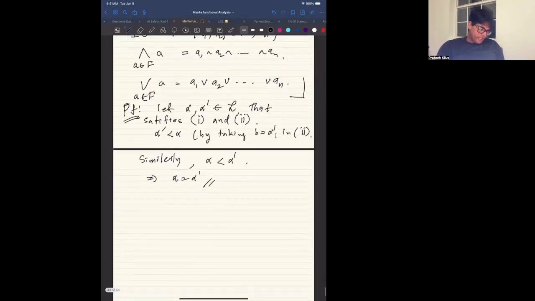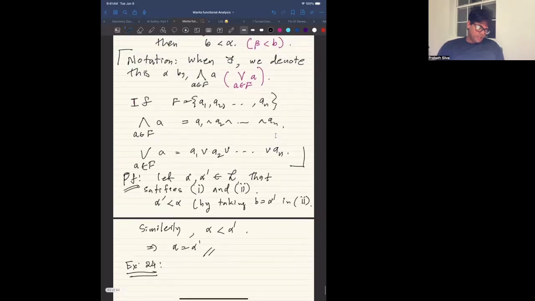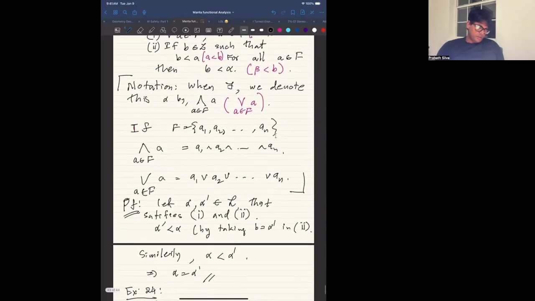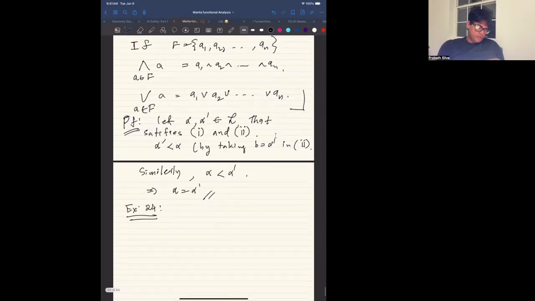Now, I leave the other side as exercise 24. Prove the proposition for this other one. It's again like a couple of lines.